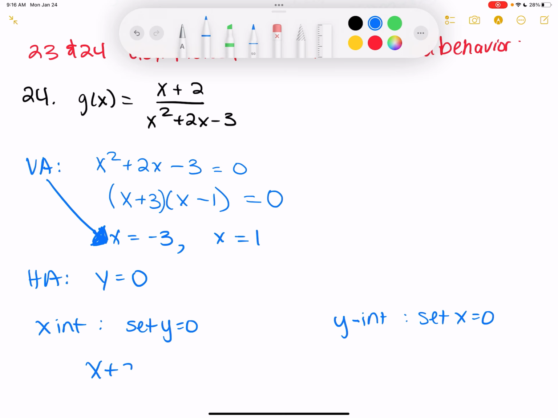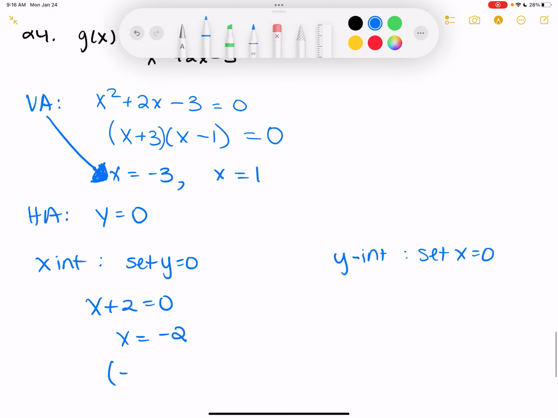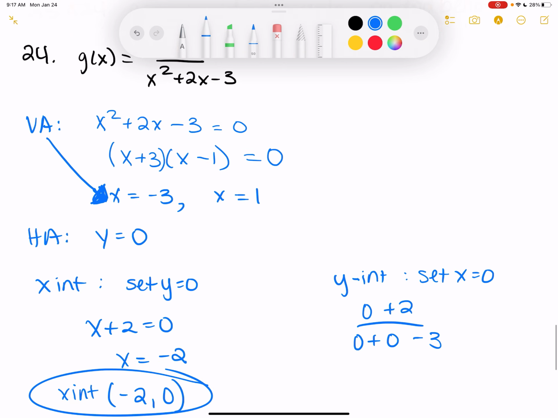So x plus 2 equals 0, so x equals negative 2. So that means your x-intercept is negative 2, 0. For the y-intercept, you're putting a 0 anywhere you see an x. So 0 plus 2 over 0 plus 0 minus 3. So that's negative 2/3. So 0 and negative 2/3.